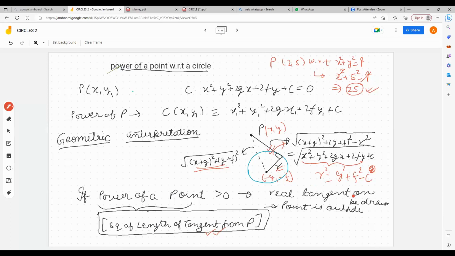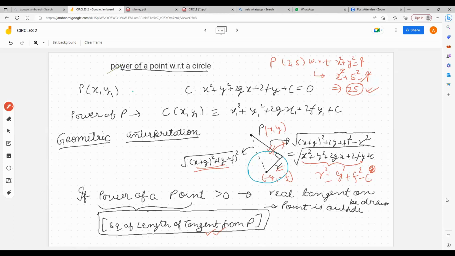Now, in a similar way, if P lies outside the circle, then the tangent drawn from P to the circle should have a real length. And if it has a real length, then the quantity inside the square root should be positive. And what quantity is inside the square root? The power of P. So the power of P should be positive.